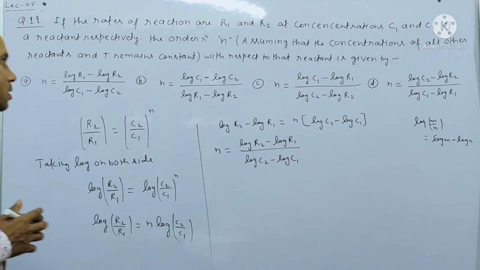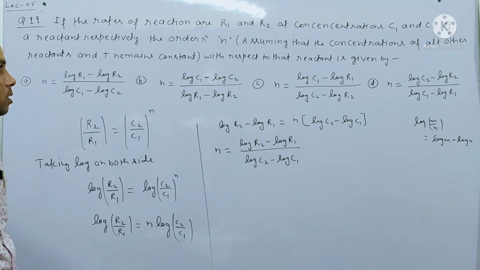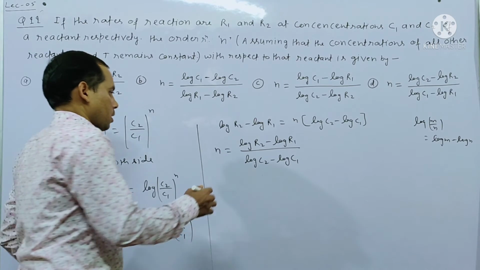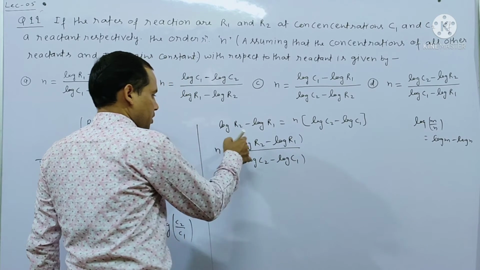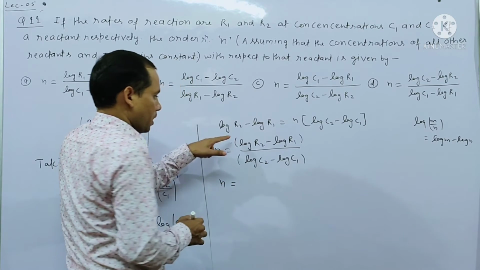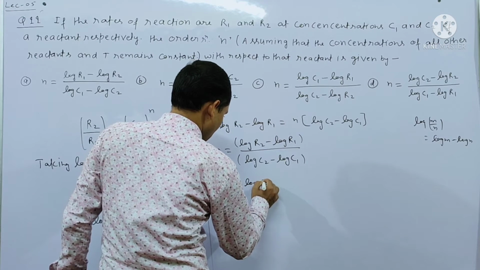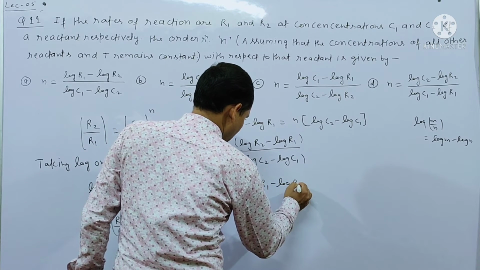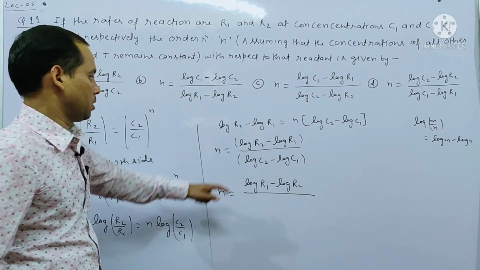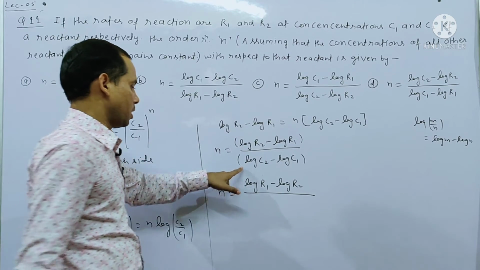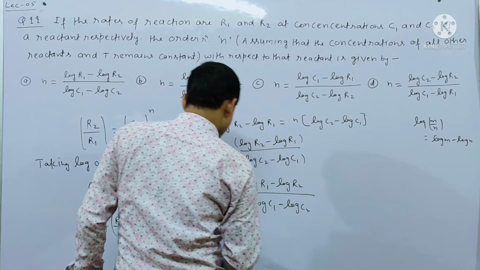So one more thing you can see here, there is no option that matches our answer. So if we multiply this term by minus and this term also by minus, then we get, multiplying the numerator by minus, log R1 minus log R2 upon, and multiplying the denominator also by minus, log C1 minus log C2.